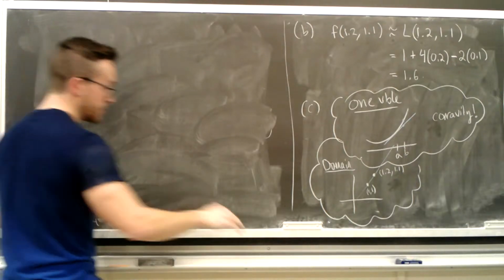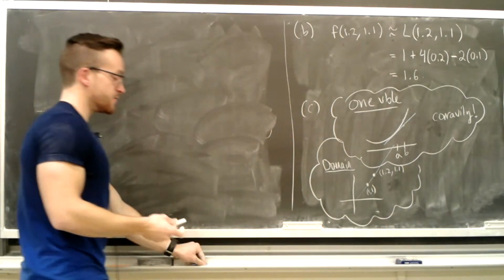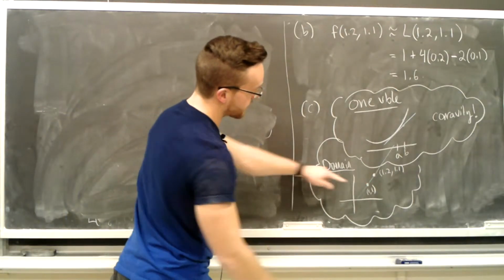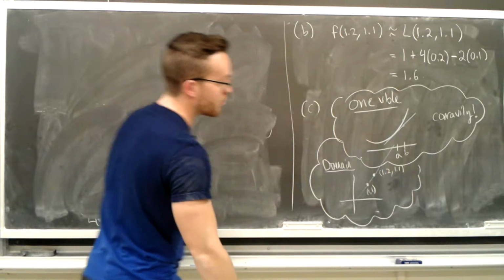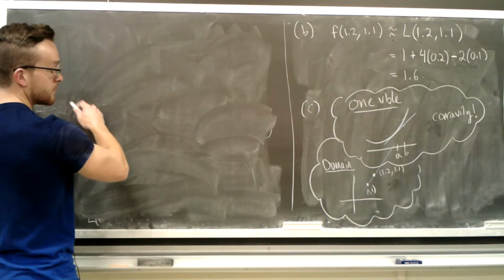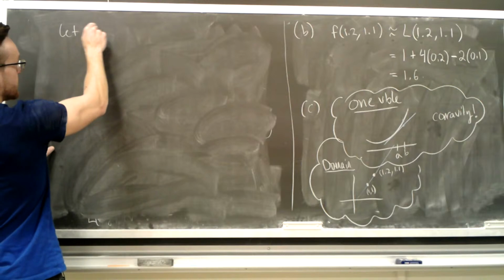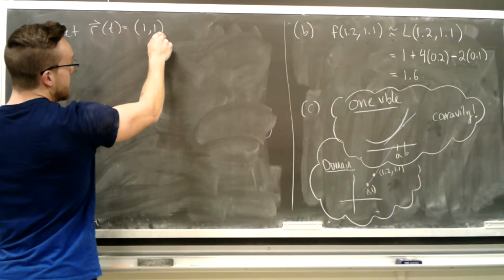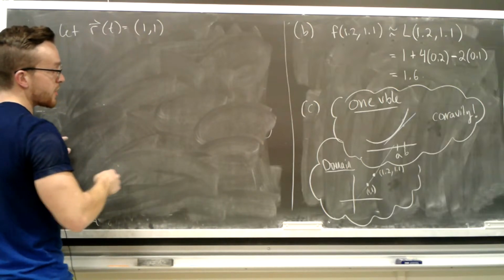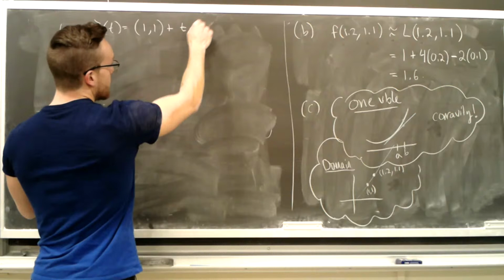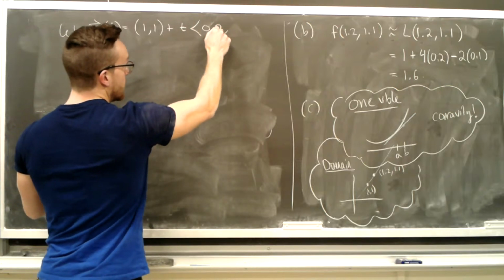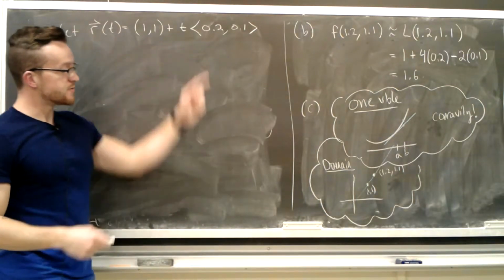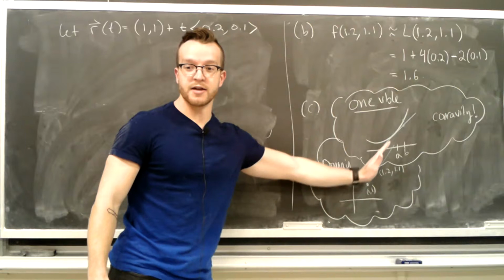So if it were me, like I said, there's probably conceivably a couple ways you could formalize this, but I would parameterize this blue line segment from 1, 1 to 1.2, 1.1. So I would let R of t be, well, I'm starting at 1, 1, and then I'm traveling in the direction 0.2, 0.1. And here's a parameterization of this line segment.